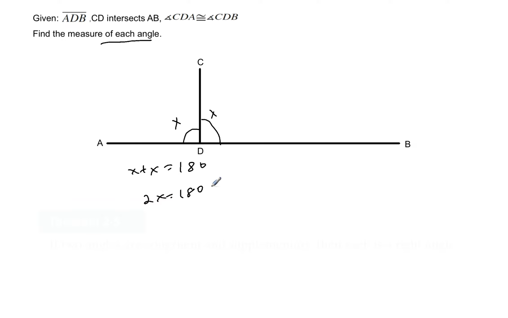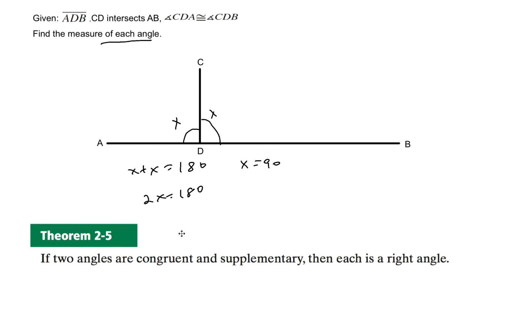Well, if that's the case, when you divide both sides by 2, x is equal to 90. So what does that mean? Very simply, that means if I have two angles that are equal to each other and that are supplementary, then each is a right angle. If two angles are congruent and supplementary, then each is a right angle. Let's put your player on pause and take down this theorem, theorem 2-5, in your notes.